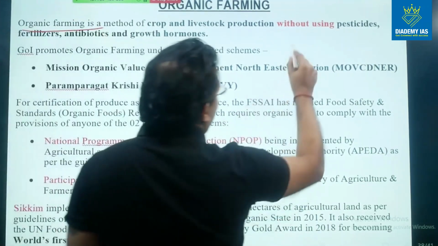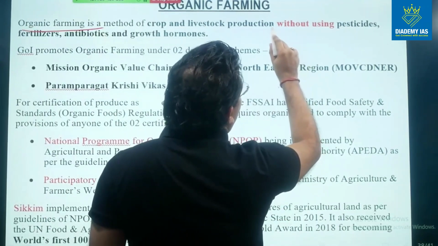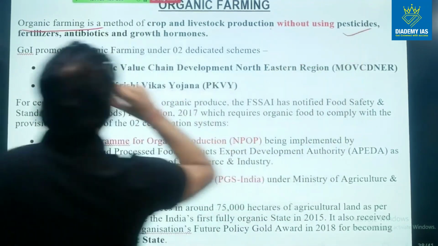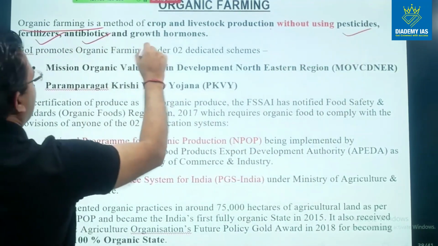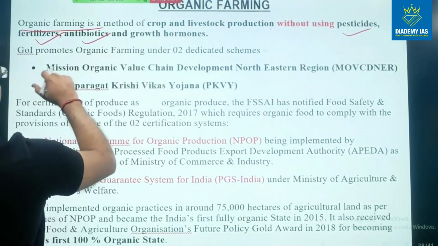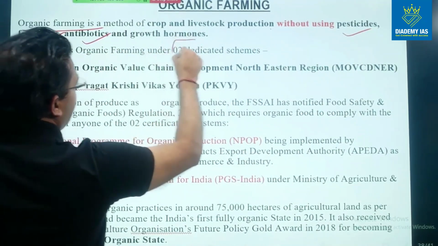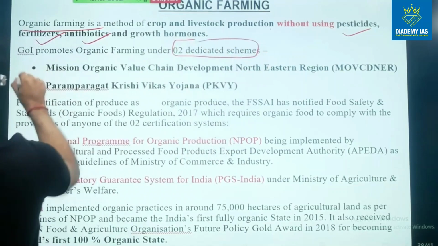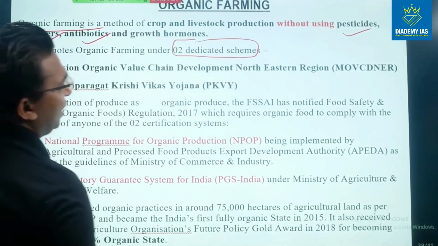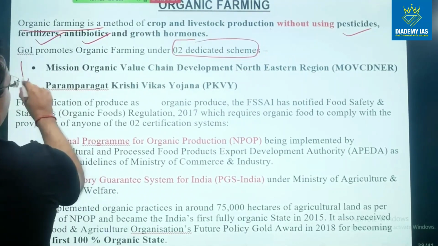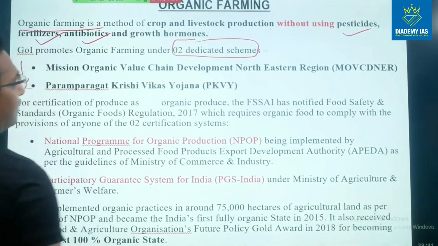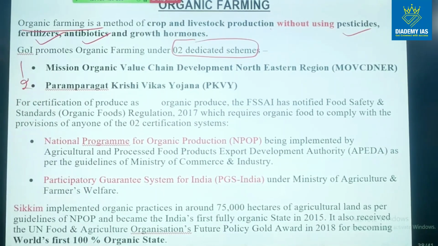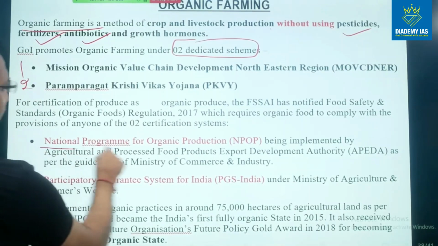We want to control the use of pesticide, fertilizer, antibiotics and other chemicals. There are two dedicated schemes. One is Mission Organic Value Chain Development Northeast Region and second is Paramparagat Krishi Vikas Yojana. Apart from that, we also have a national program for organic production.